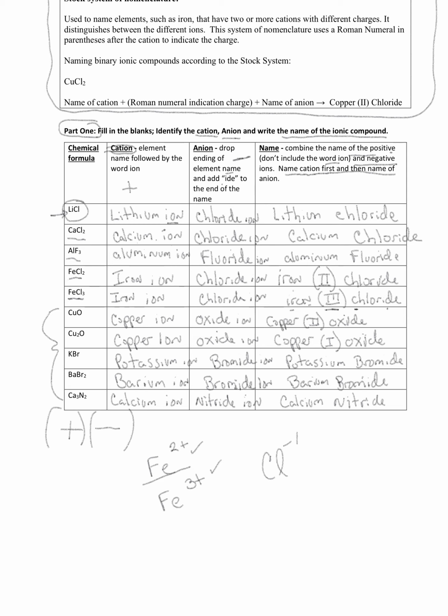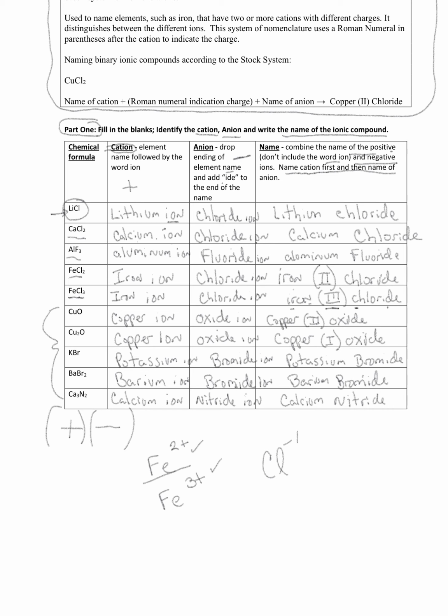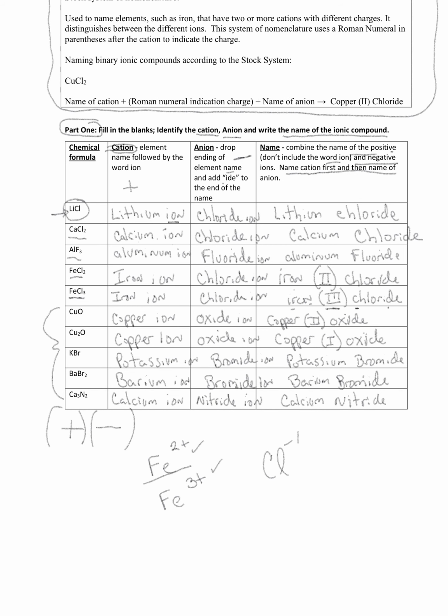Okay, so if you look at them, CuO, you have the copper ion, and then you have the oxide ion, and then since we have two choices as far as the ions for copper, either copper 2 or copper 1, I'm going to have copper(II) oxide.